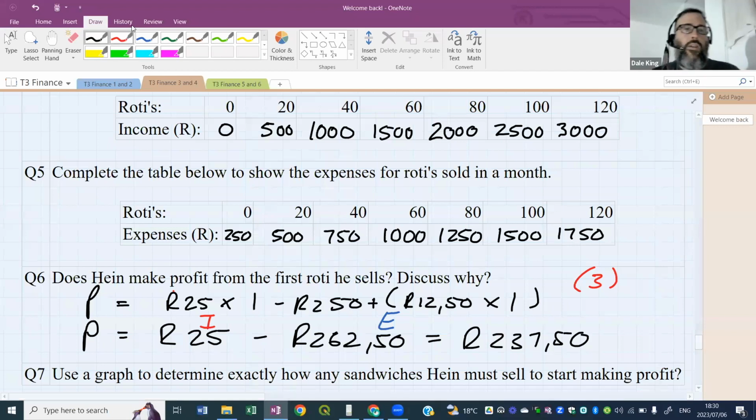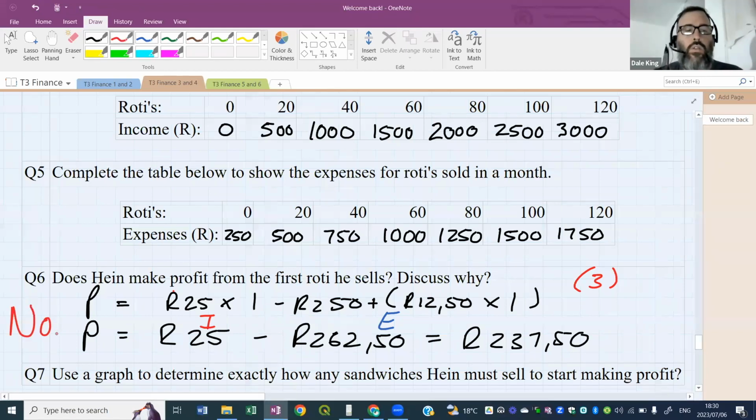Okay. Now, in this question here, they say, does he make profit? Discuss why. You can use a sentence, or you can, in fact, math literacy, you should be using calculations. So there should be a no answer somewhere in the front.